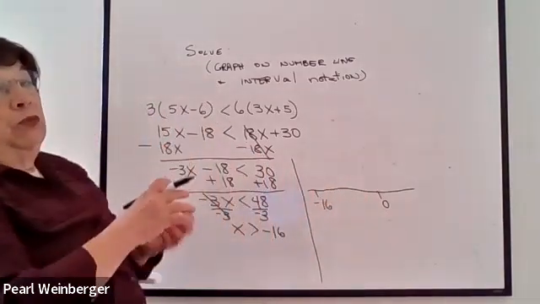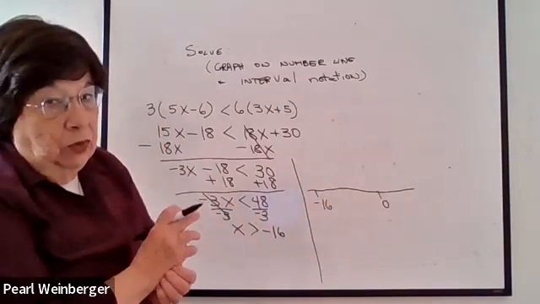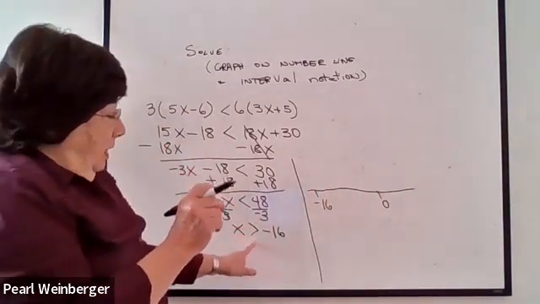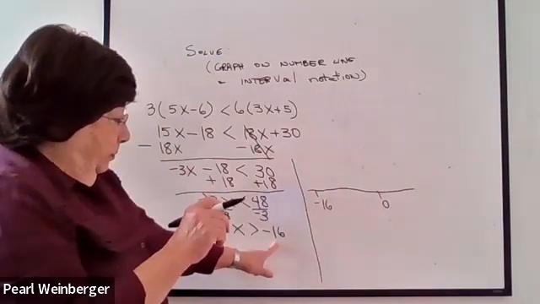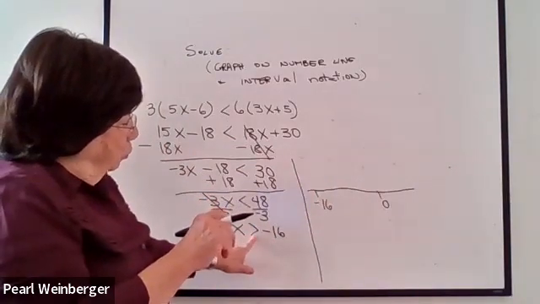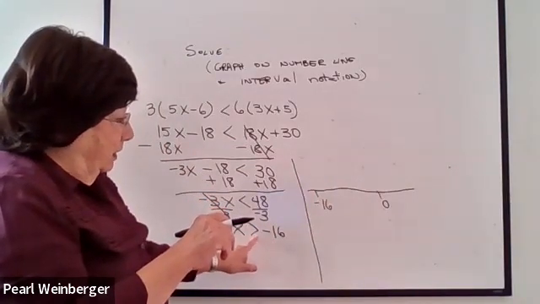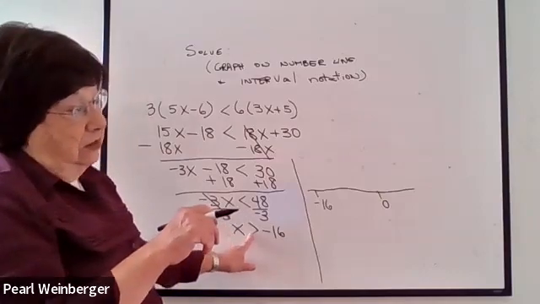You don't have to do a more exact number line than what I'm doing here. Since it says x is greater than -16, it means that the -16 is not included. It means this is going to be an open circle.